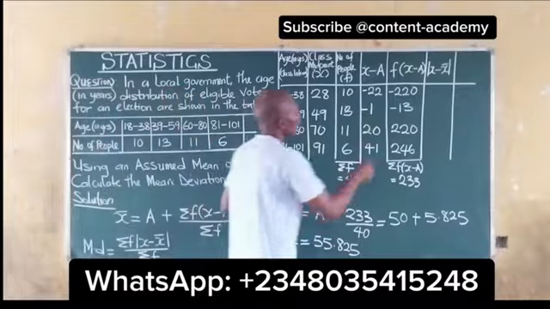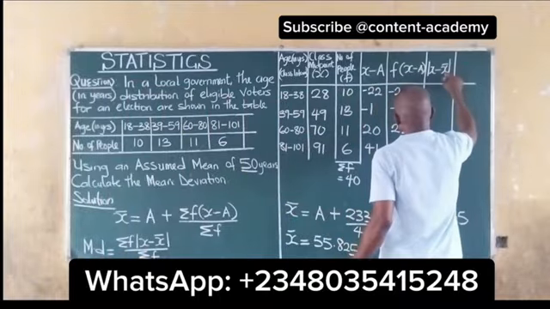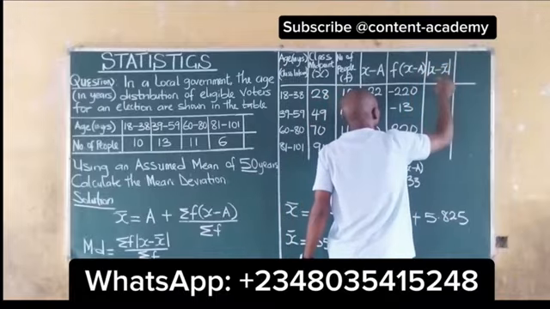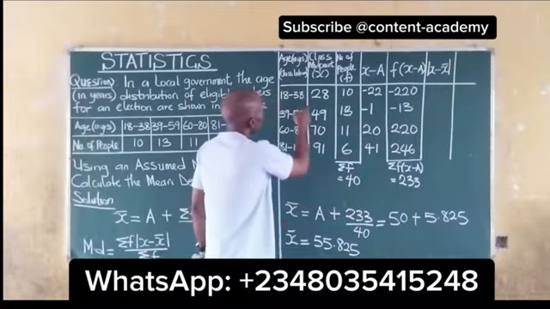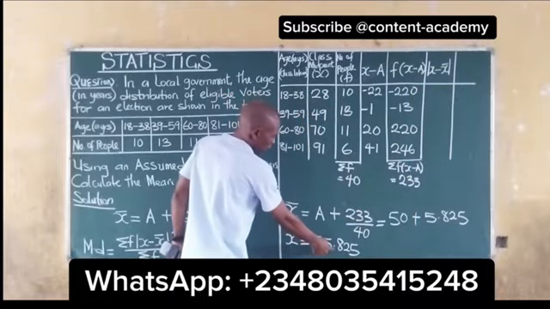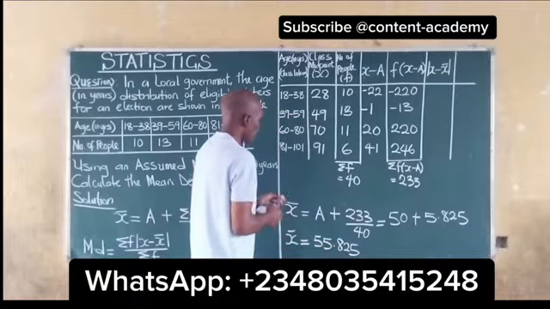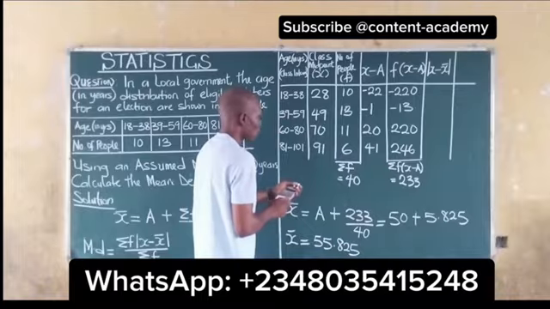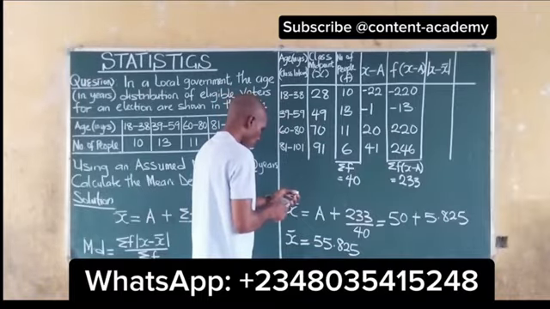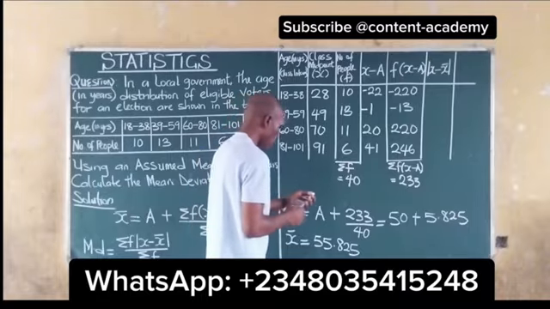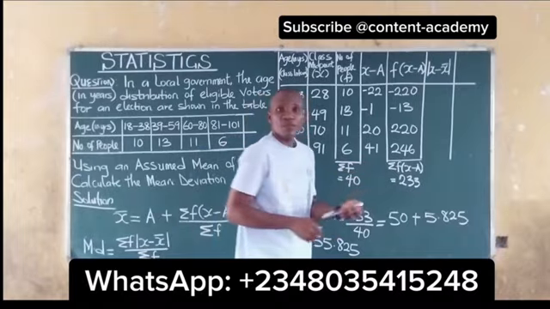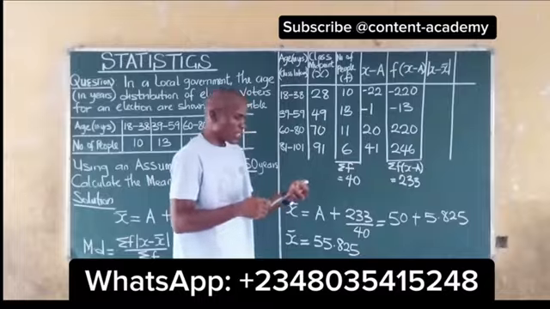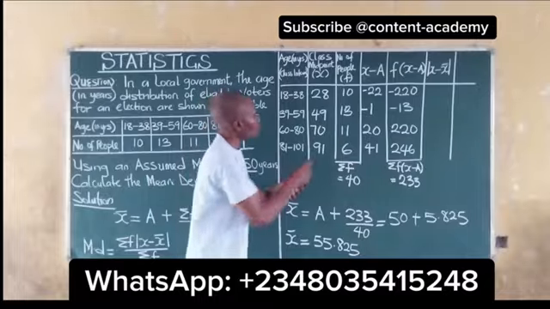Now we are to calculate for x minus x bar. Because of the modulus sign, everything will become positive. So x minus 55.825. X, which is 28, minus 55.825, which is negative 27.825. But we can't write negative 27.825 because of this sign.